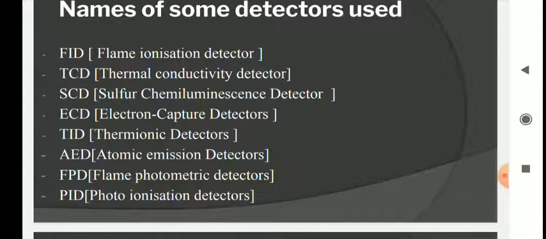Now, in this list of detectors which I have written here, we'll be studying in detail the first five of them: FID, TCD, SCD, ECD, and TID. If you get a question on detectors used in GC, you can give the properties of an ideal detector, give the names of all these detectors, and describe any two of them. It's a long answer question.